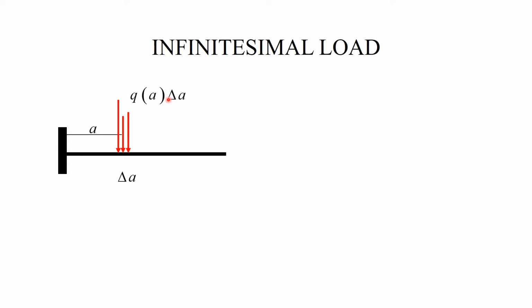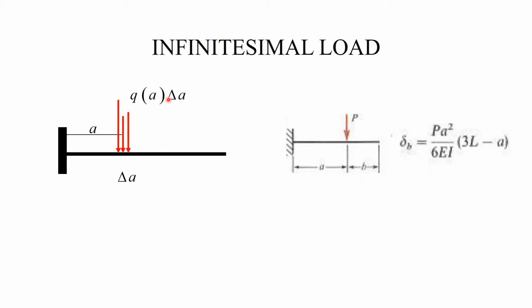But for a concentrated force, we have a table. And in this table, delta B is the displacement of the tip. In order to exploit this table, all we have to do is replace P with q of a times delta a.